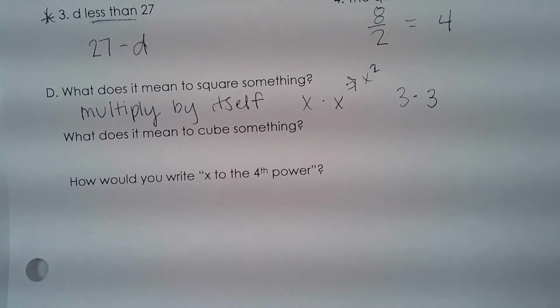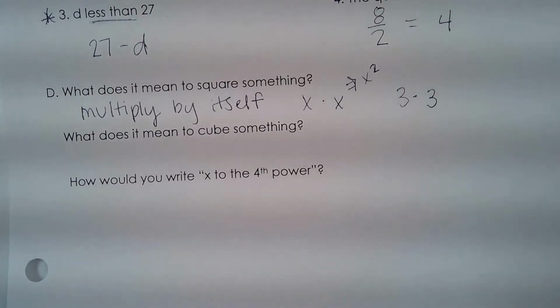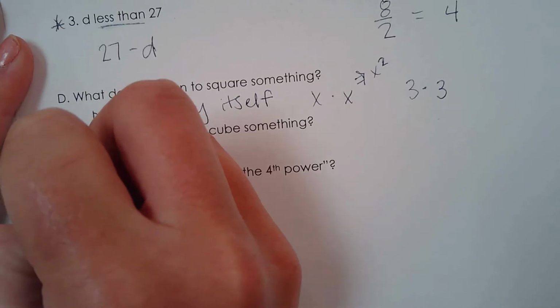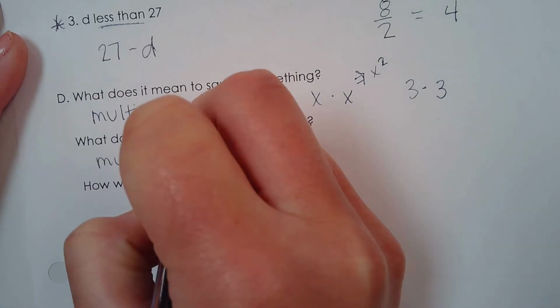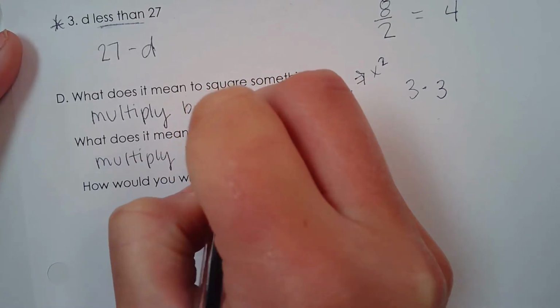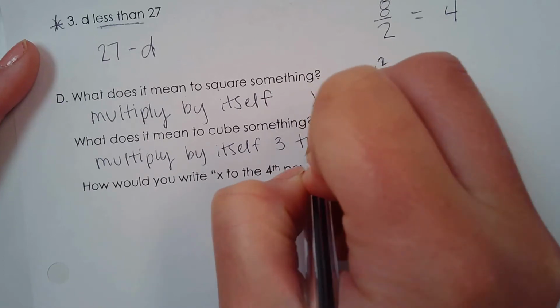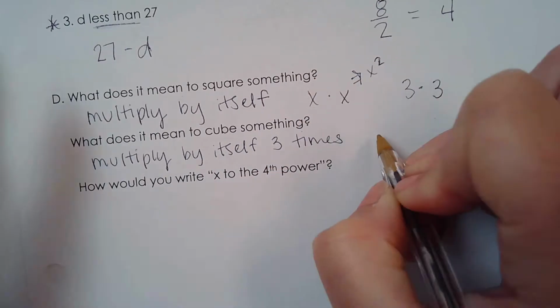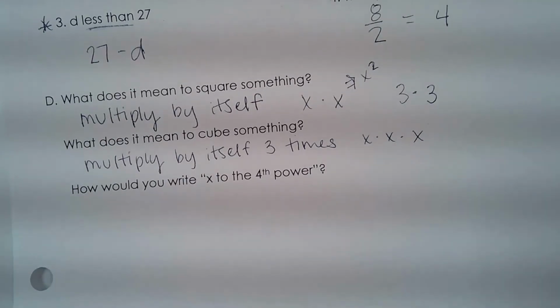Alright, so then the next part wants to know what it means to cube something. Multiply by itself 3 times. 3 times. Good. So that would be like x times x times x. Are they going to write it out like that? What do they put?